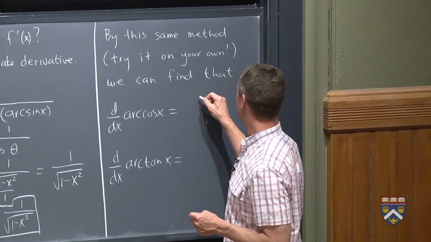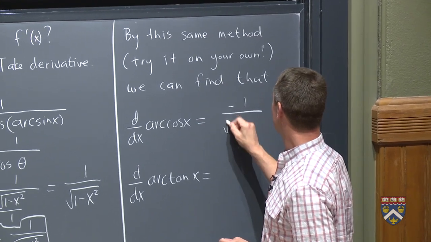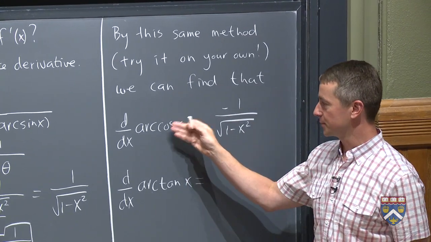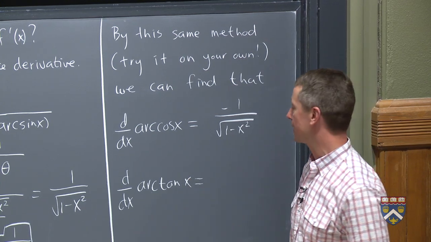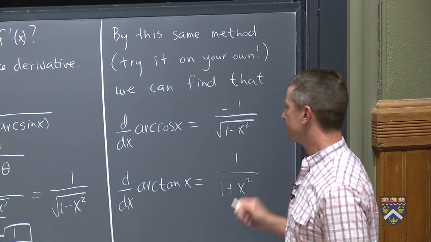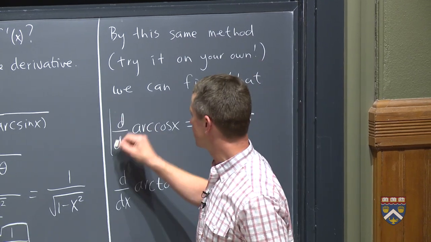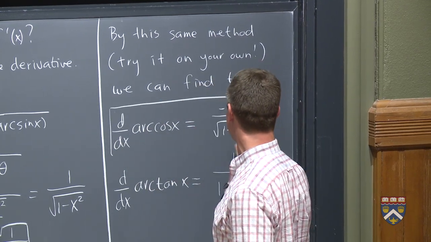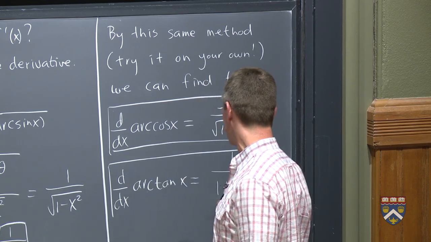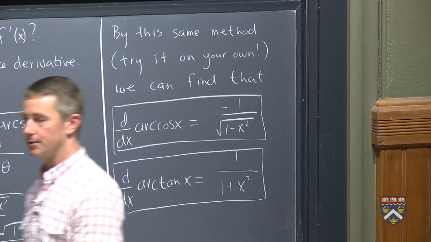We'll just tell you here what they will end up being so you can check. The negative 1 comes in there because when you take the derivative of cosine, you're going to get a negative sign. And when you do arc tangent, there's no square root on the bottom because the derivative of tangent has got a square in it, right? It's a secant squared. So the secant squared ends up squaring the square root and canceling each other out.